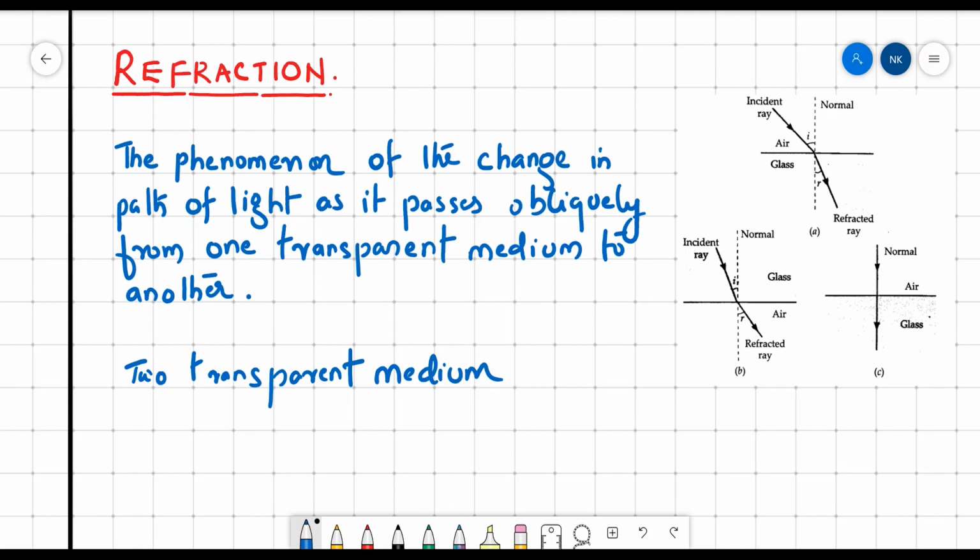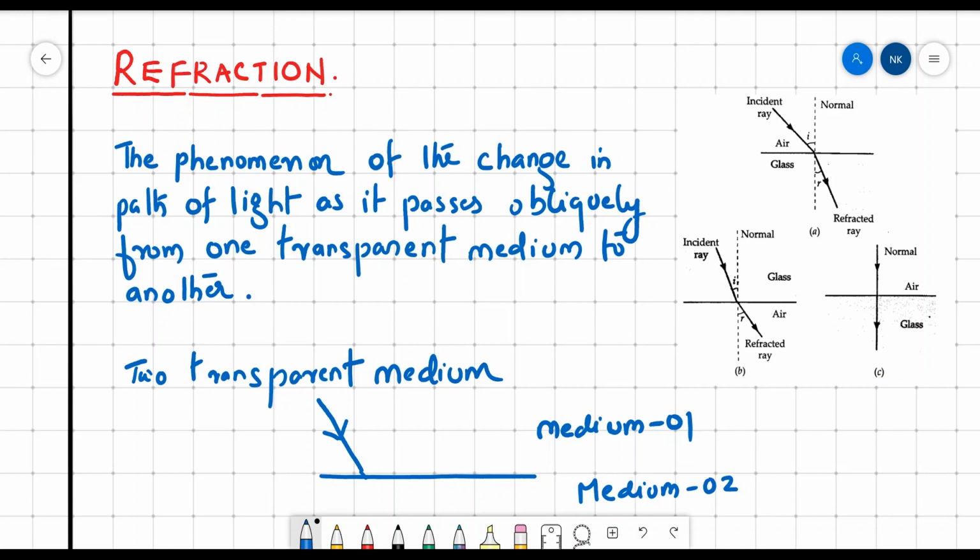Now from medium 1 to medium 2, this is medium 1 and here this is medium 2. Now let this be the path of light in medium 1. I repeat, this is the path of light in medium 1.